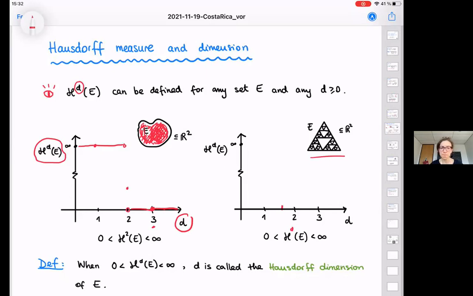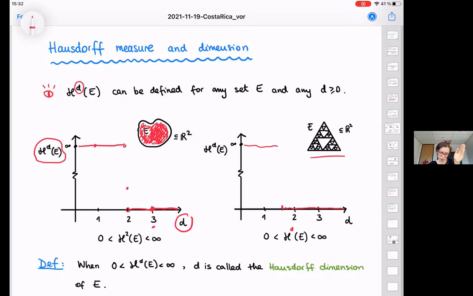the Sierpinski gasket. We can do the same thing. We can start computing, and the same thing is going to happen. It's going to be infinity, and then at some point it's going to drop, and it's going to become 0 forever. And the sweet spot turns out to be not in 1, not in 2, but somewhere between 1 and 2.